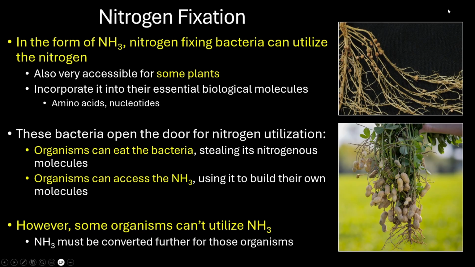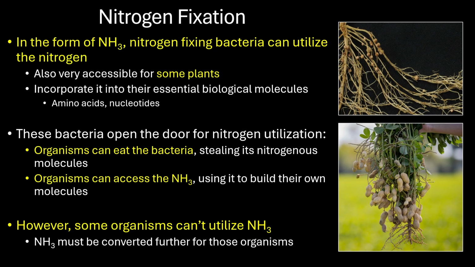Now, in the form of ammonia, nitrogen-fixing bacteria can actually utilize that nitrogen. They take the nitrogen gas, they convert it into ammonia, and then they can take that ammonia and do things with it. It's also then very accessible to some plants as well. Not all plants, but some. So these organisms can then incorporate this nitrogen into some of those essential biological molecules that require it, like the amino acids, like the nucleotides that build our proteins and nucleic acids, respectively.